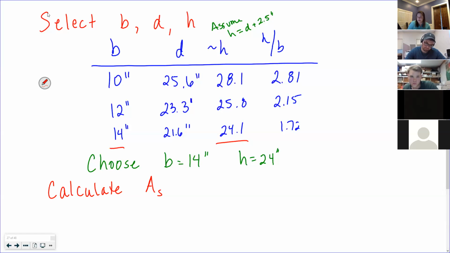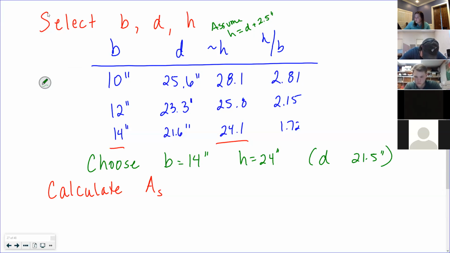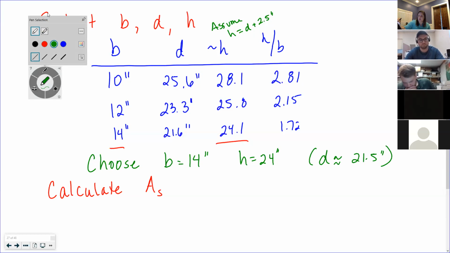That's the height, not the depth. So you can say 21.5, right? Just assuming one layer, and so you subtract 2.5 inches. Go ahead and work on that.